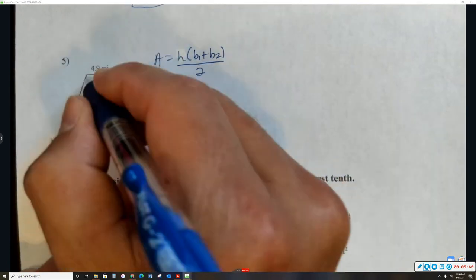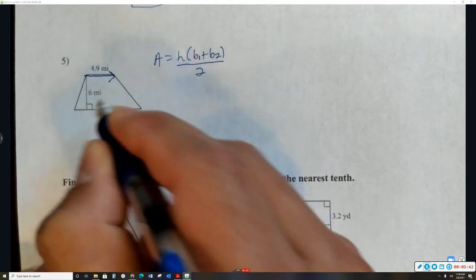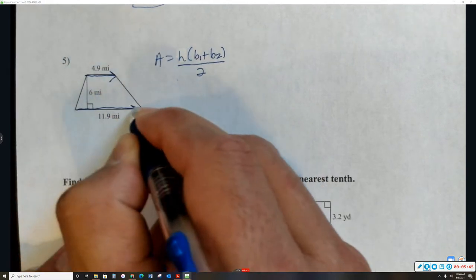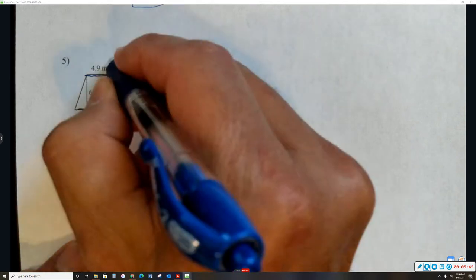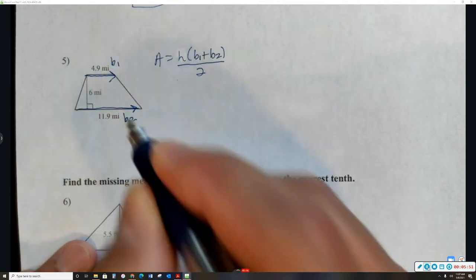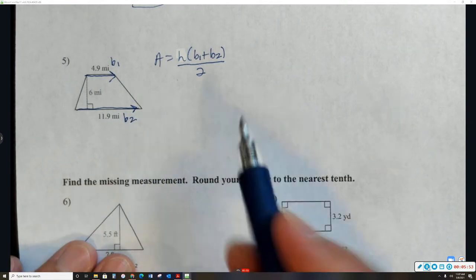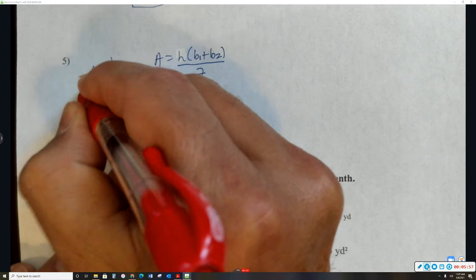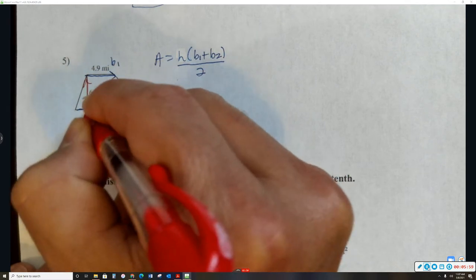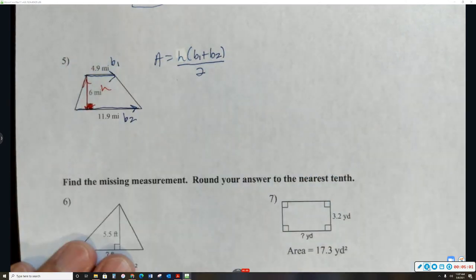And remember, the two bases are the two sides that are parallel to each other, or they run in the same direction. So this is a base, this is a base. I'll go ahead and call that base 1 and this one base 2. And then the height, well, there's only one other number here, so that makes it somewhat easy. That's the height. But again, look for the square angle, and then you'll be able to find the height.